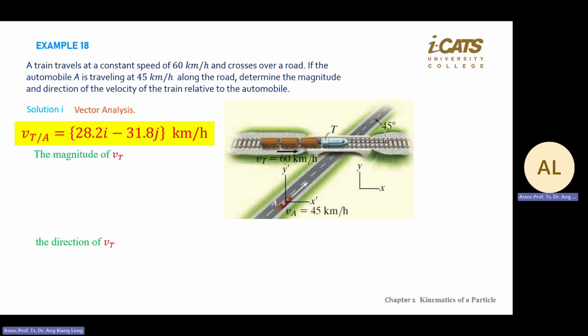So 28.2i is going this way. Is i. Then minus 31.8 j, go down. So going down.